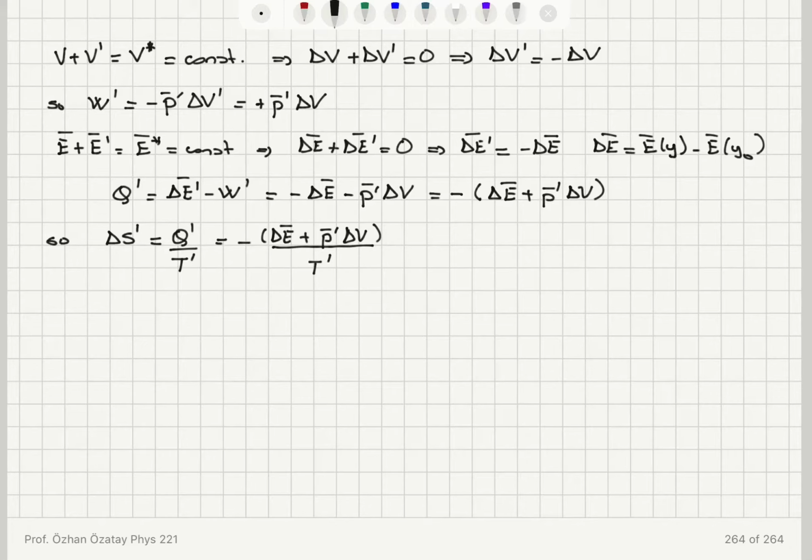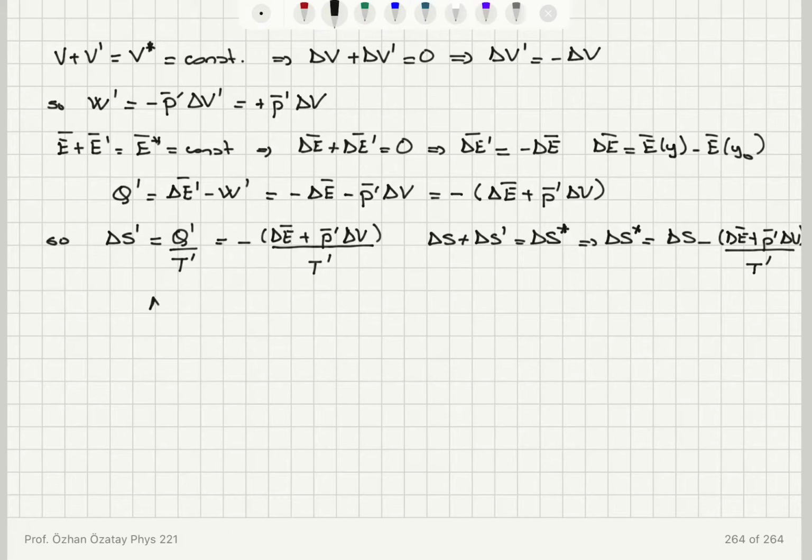And since we have delta S plus delta S prime is equal to delta S star, we can see that delta S star is equal to delta S minus delta E bar plus P prime bar delta V divided by T prime.